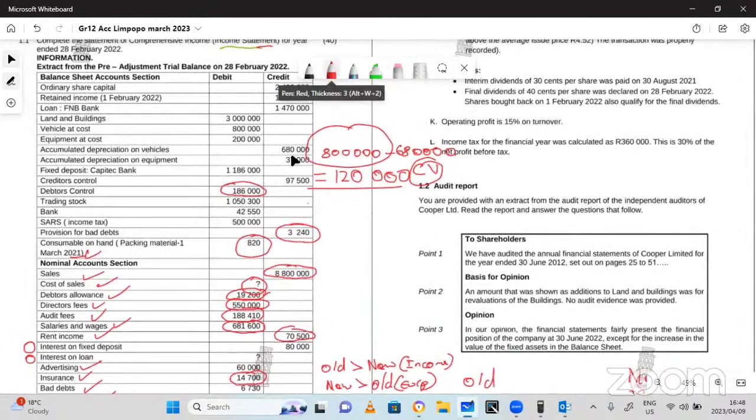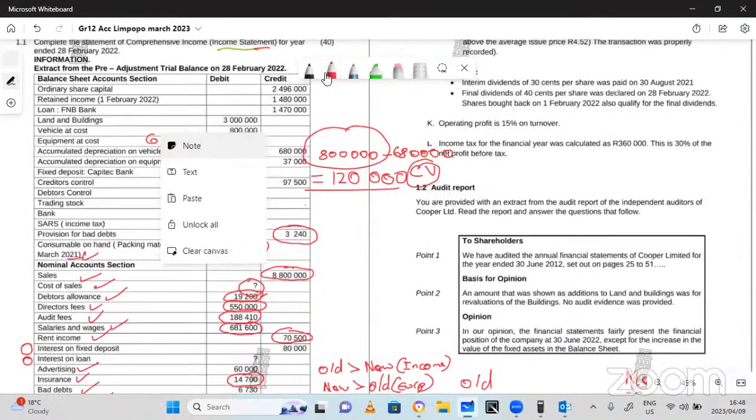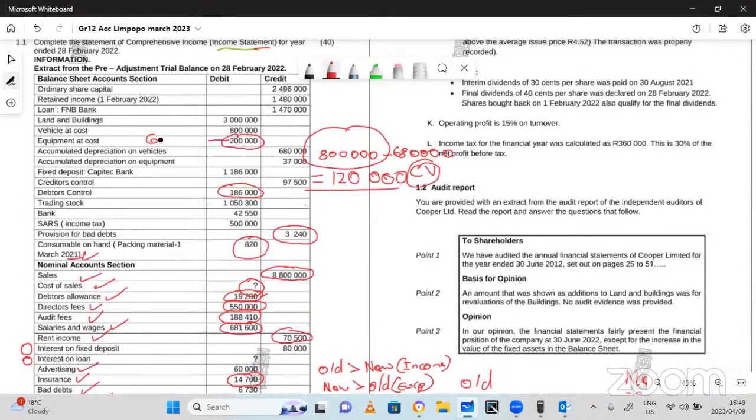So now, remember, this is the trial balance. We do the trial balance at the end of the year before even calculating depreciation. So the equipment that you see, which is 200,000, included in that cost price is the 60,000 for the new equipment. So what we are going to do when we are calculating old, remember I said you will subtract the what?